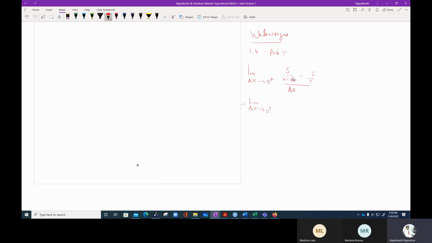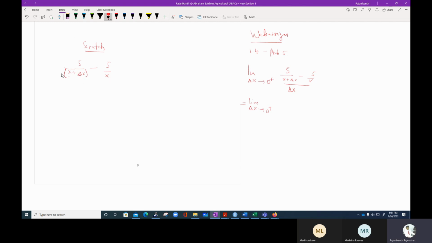Remember, if you want to add two fractions, I'm doing the sketch work somewhere here. I'm trying to simplify x plus delta x. Delta x is just a number, just like a variable or number. Now, how do you combine these two fractions? You need a common denominator. Here I see x plus delta x, here I see x.